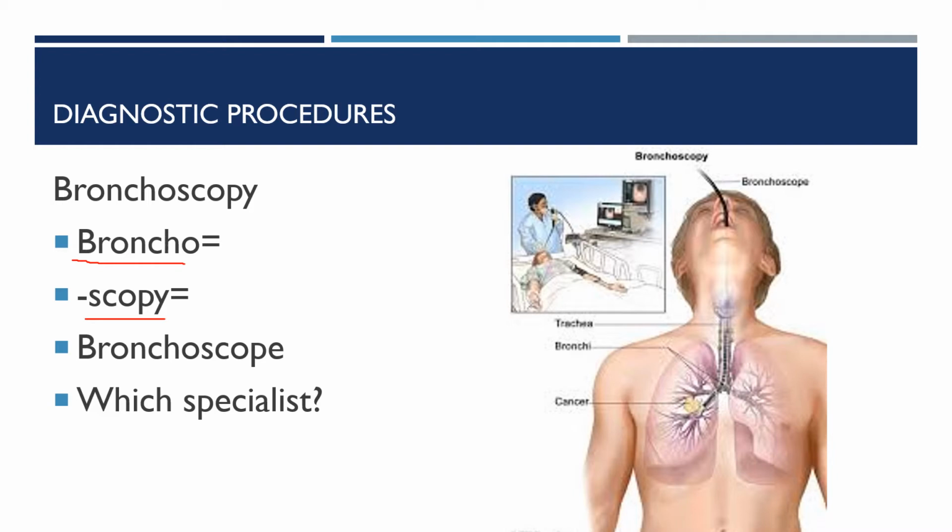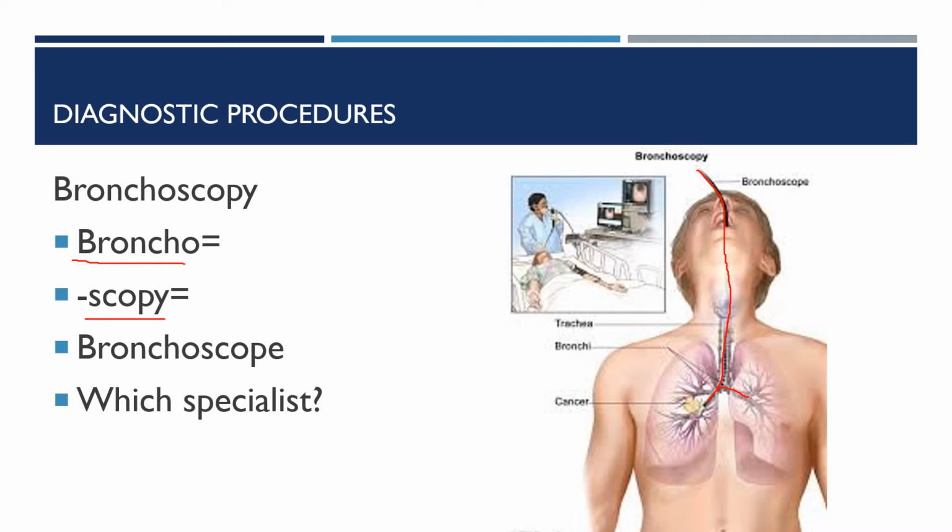Okay, now this is done under a mild anesthetic. And we take the scope and insert it through the mouth down into the lungs to take a look at these airways and see if we have any issues there.